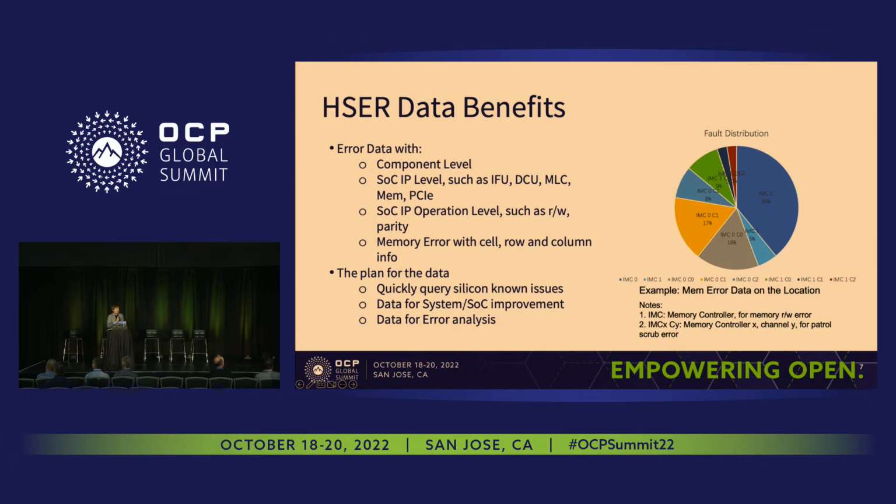As you can see, the granularity can be as small as each channel, each operation, as well as the ratio of the errors. From this example, we can see HSER data can be as detailed as component, IP, operations, and error locating in each IP. With such detailed error data, it's really easy for us to curate existing silicon issues and help vendors with further improvement with clear direction.